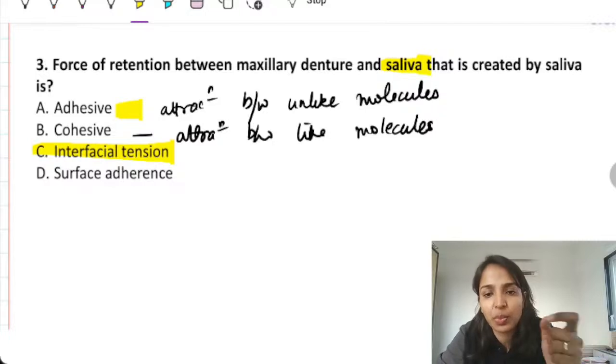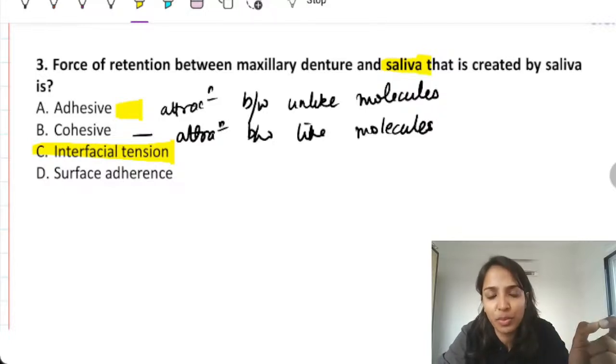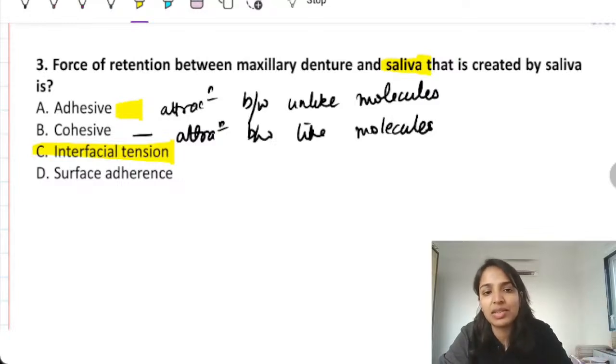Between two surfaces, when there is a thin film of fluid that is evenly spread with very good wettability, where the surface tension is less so the wettability is more, it will add to forces of attraction and both surfaces stay in intimate contact with each other.